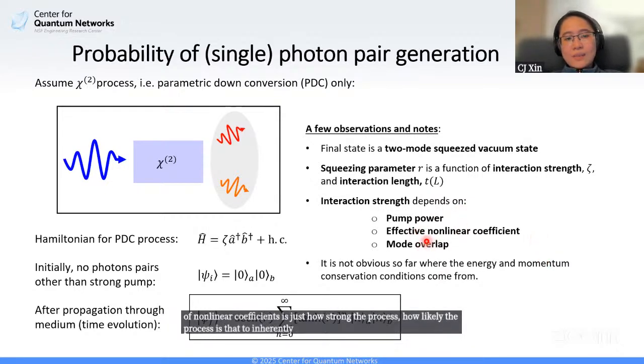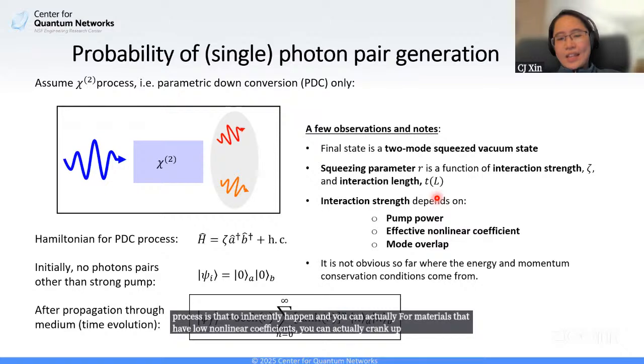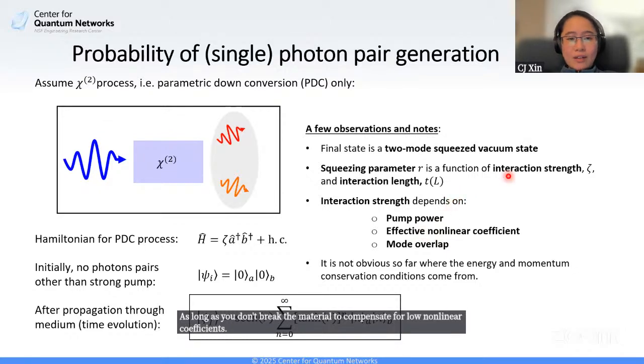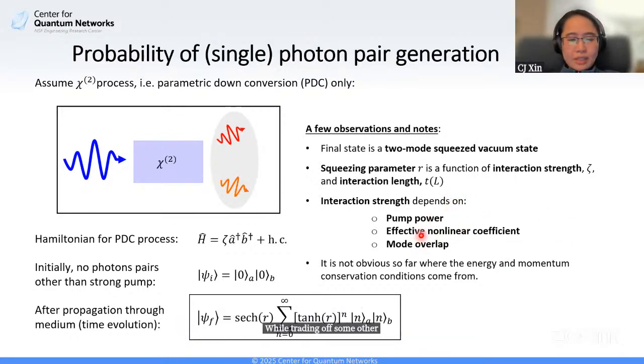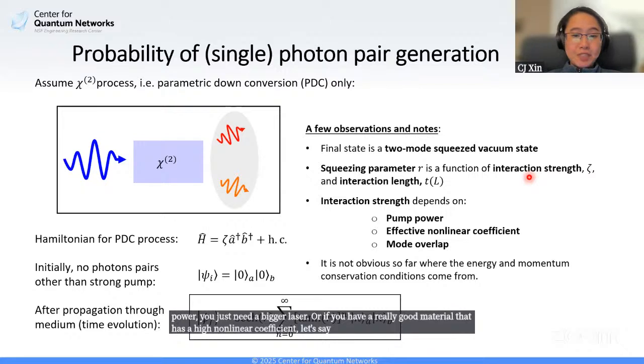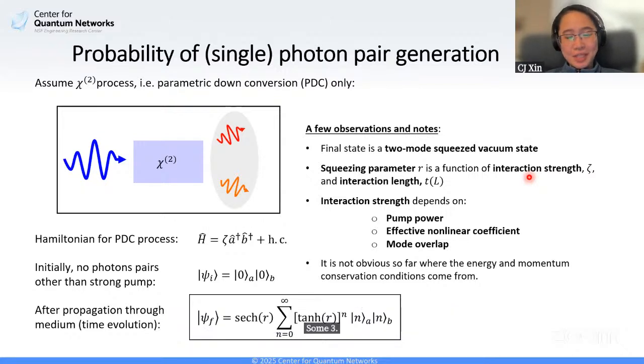For materials that have low nonlinear coefficients, you can crank up the power, as long as you don't break the material, to compensate, while trading off wall plug power; you just need a bigger laser. Or if you have a really good material that has a high nonlinear coefficient, let's say lithium niobate, you can drop the power quite a lot.